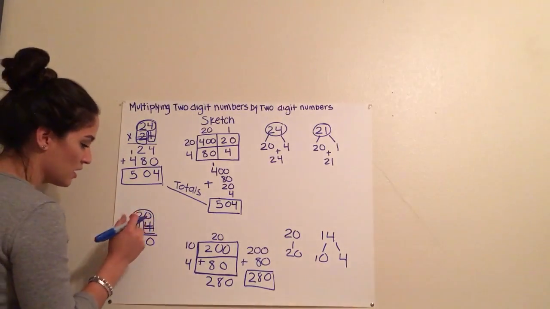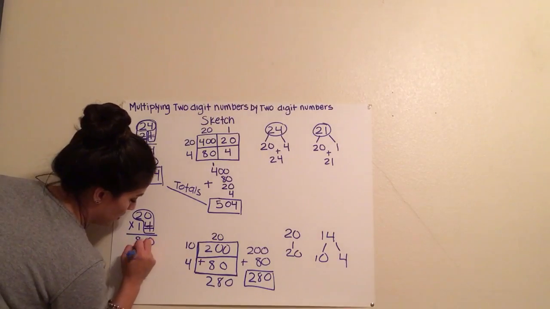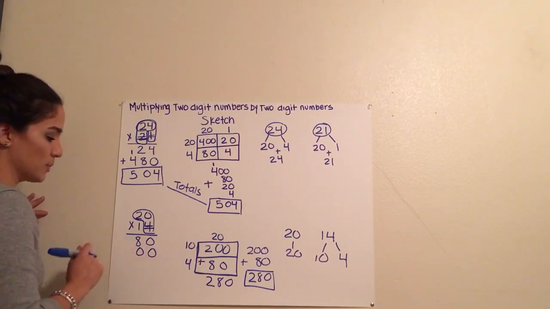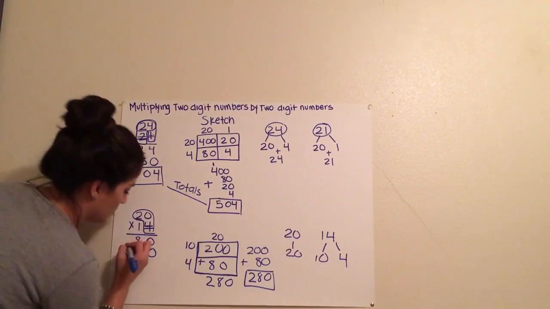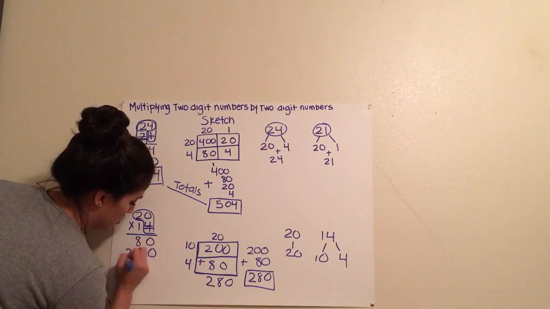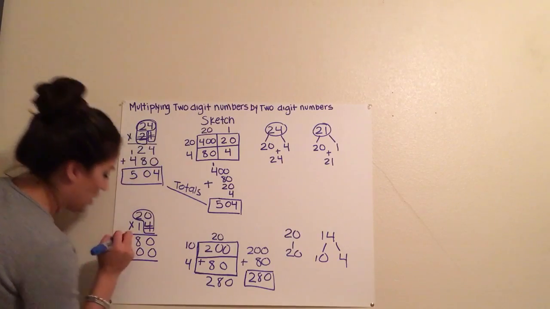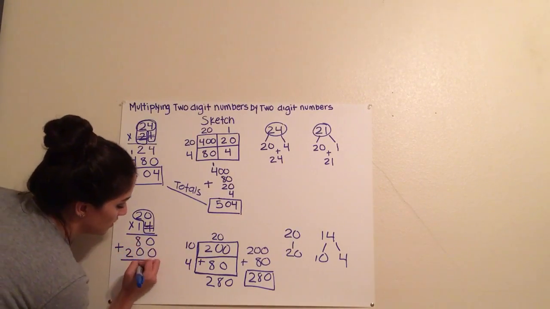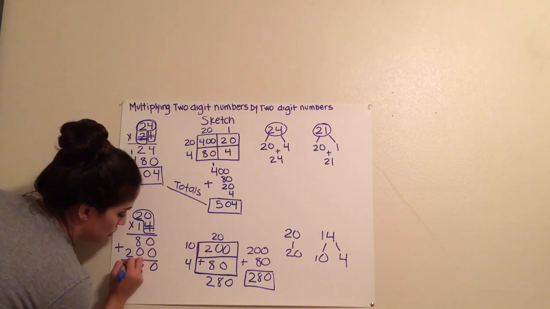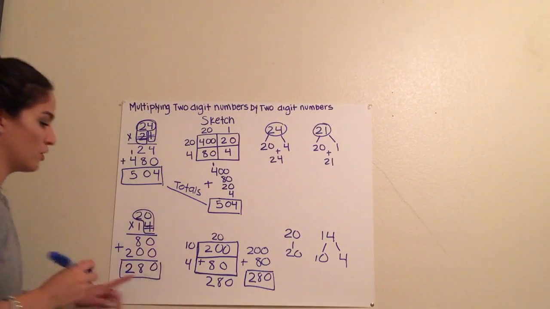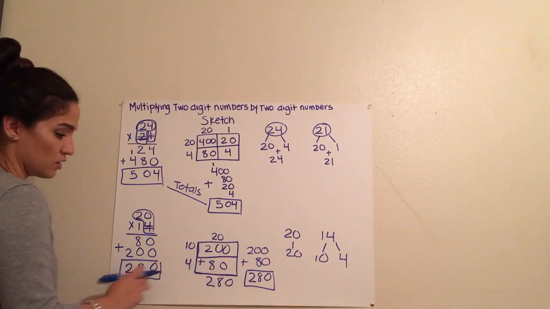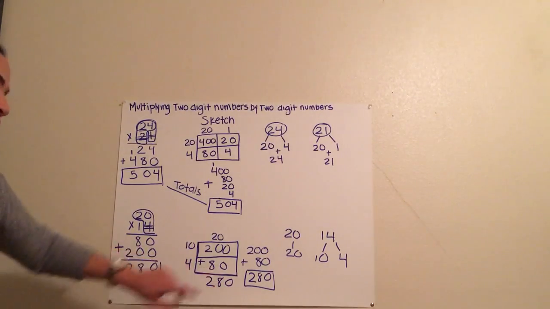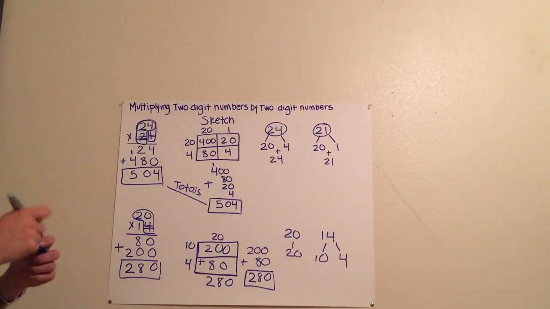Now 1 times 0, 0, and we put our 0 here immediately because this is the ones place and we're already in the tens place. So 1 times 2, 2. Then we put our addition sign and we start adding. 0 plus 0 is 0, 8 plus 0 is 8, and then 2. Do our totals, our final products, match? Yes. That tells us that our answer is right.